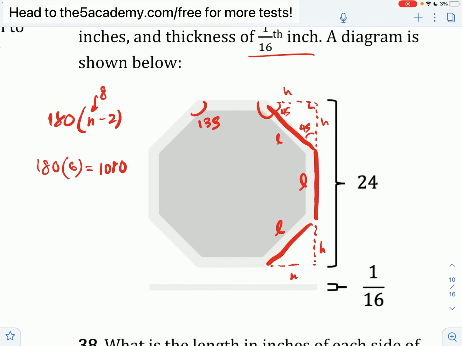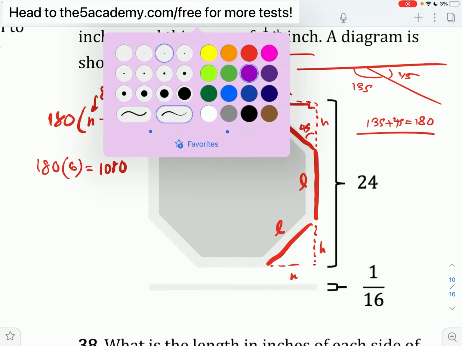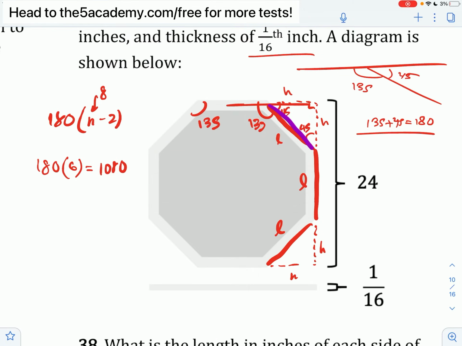If this is 135, then what's left over here is 45 because this is a straight line. 135 plus 45 is equal to 180. It's a bit of a confusing dimension here, but that's the whole point. The key here is to make sure that we can identify these triangles as 45, 45, 90 triangles.